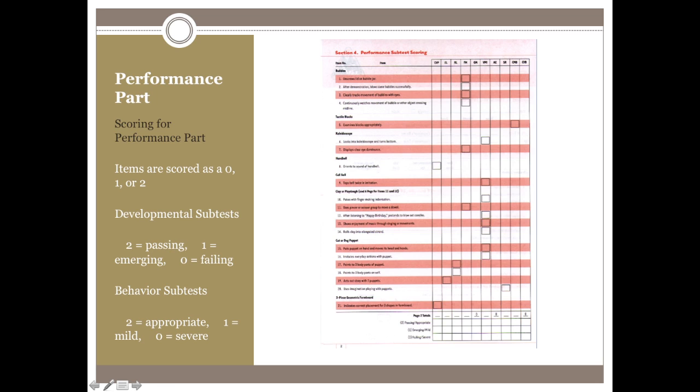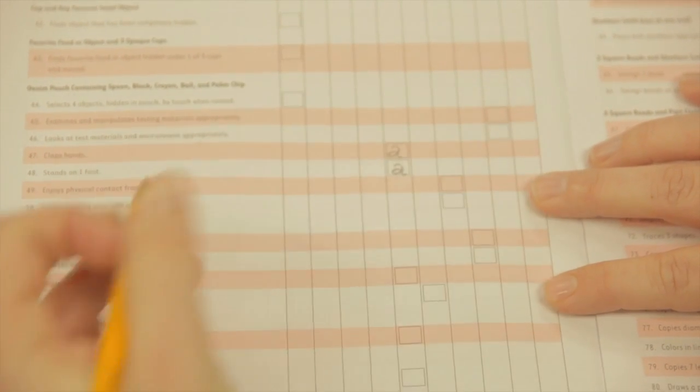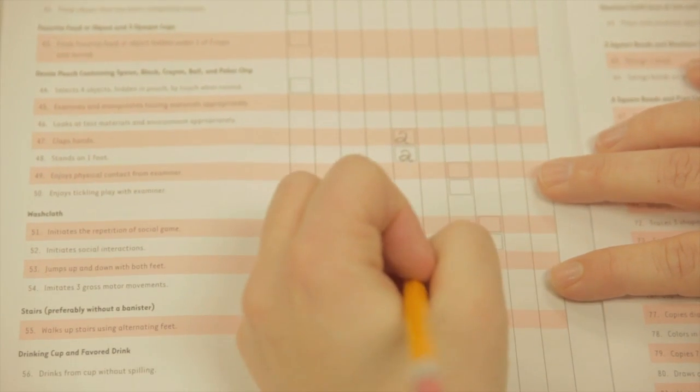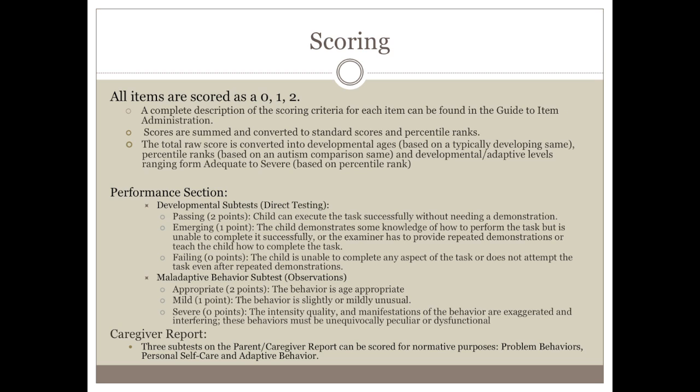Scoring of the PEP 3 is rather straightforward. All items are scored as 0, 1, and 2. On the developmental subtests, which are measured by direct testing, 2 indicates passing, 1 indicates emerging, and 0 indicates failing. Under the maladaptive behavior subtest, which is scored through direct observation, 2 indicates appropriate, 1 indicates mild, and 0 indicates severe.